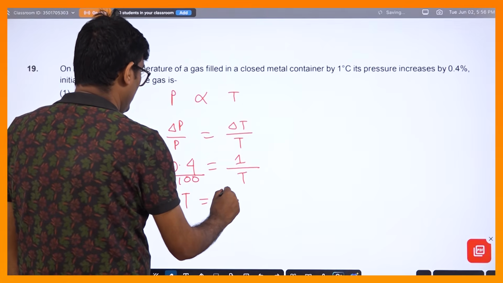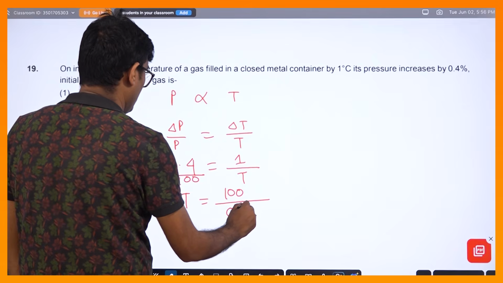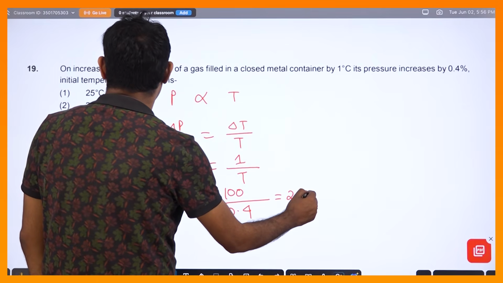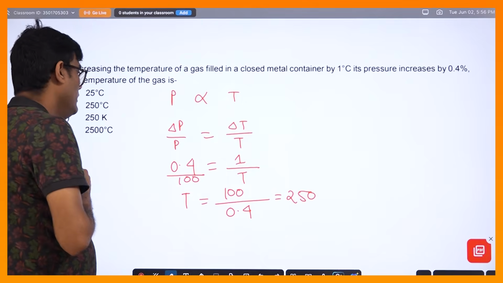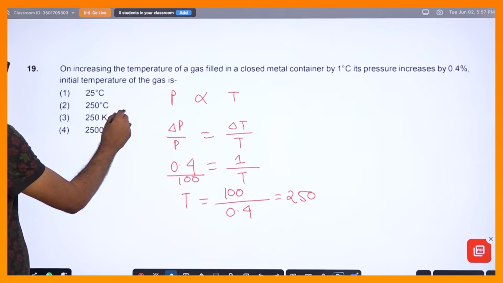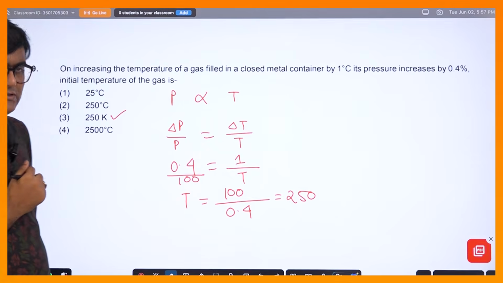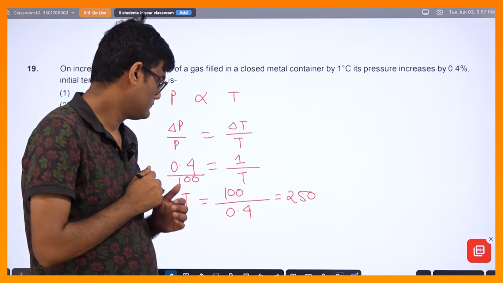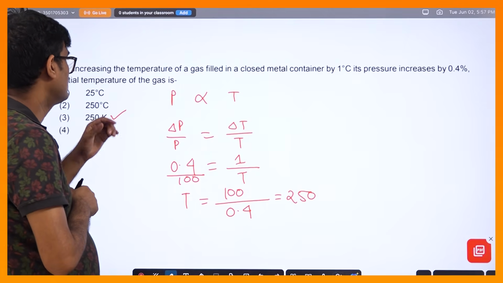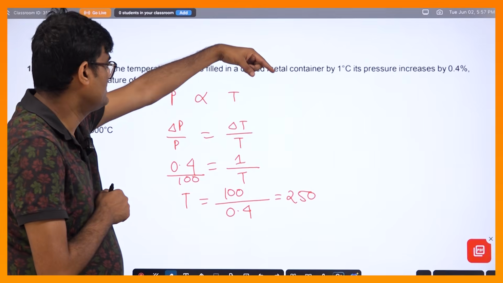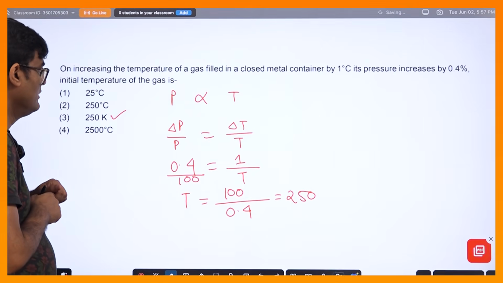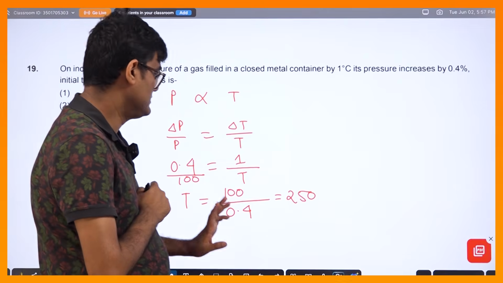So T is equal to 100 by 0.4, right? So it is 250. Right, all these temperatures in this formula must be in Kelvin. So I think 250 Kelvin is the correct answer for this question. Yes, delta T, even if it is in degree centigrade, the change in degree centigrade and Kelvin are the same, right? So I think this is the answer for this question.